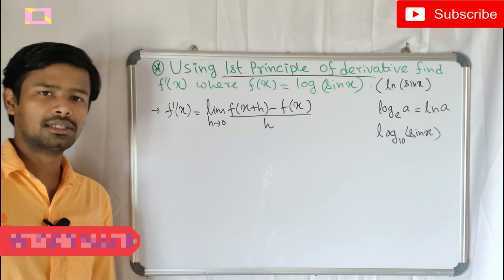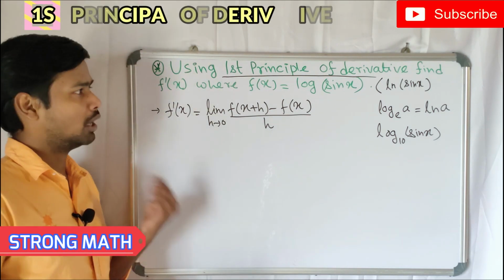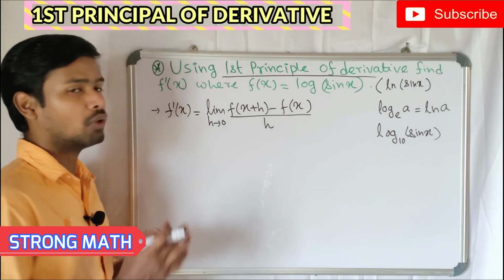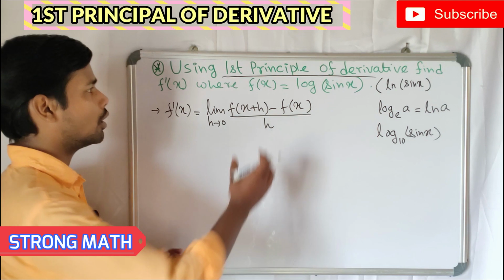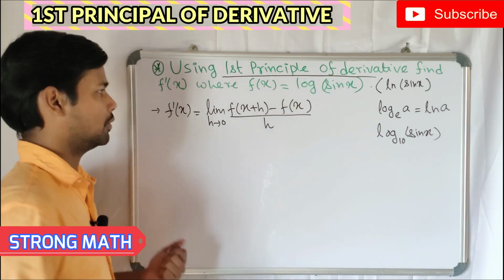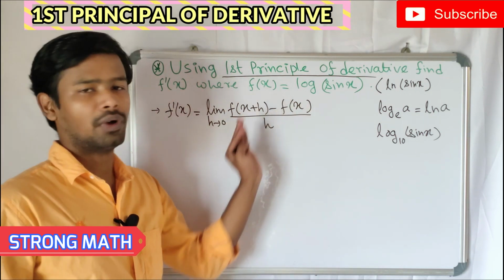If this limit exists, then by the first principle of derivative the given function is derivable. As the function is derivable, we want to find its derivative using the first principle, so let's calculate the limit of this function.